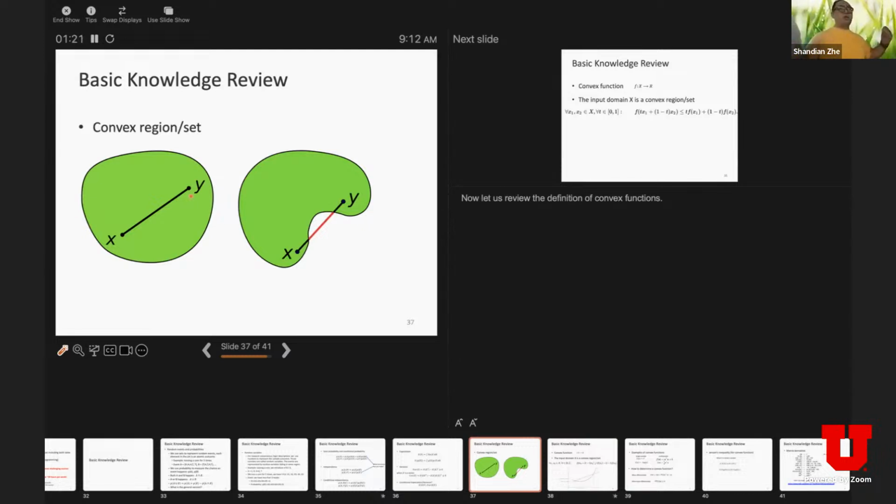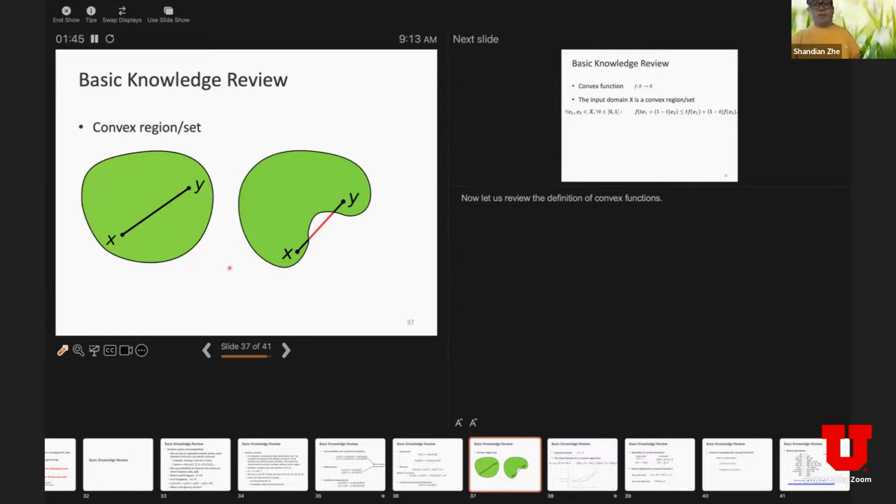No matter which dimensions those 2 points stay in, like 4-dimensional, 5-dimensional, even 10-dimensional, you can still draw a line connecting them. If and only if every point on this line segment still stays inside this domain or region, we call this region a convex region, right?